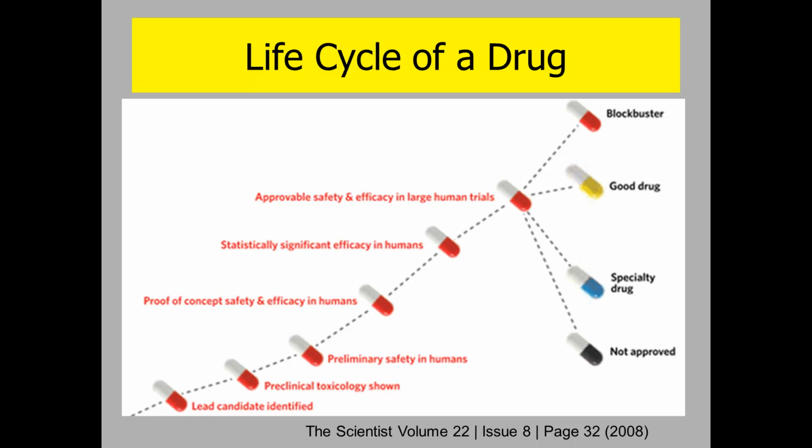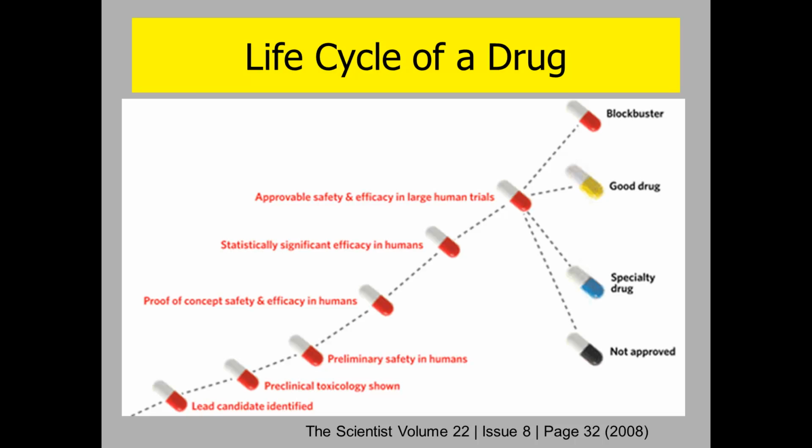So the first thing you have to do is identify a lead candidate. You have to figure out what kind of treatment you're trying to develop, and then screen for a drug candidate that'll be effective. You can do this by screening for the candidate, or you can identify the target you want to inactivate and then design a drug that's going to fit in and inactivate the target molecule.